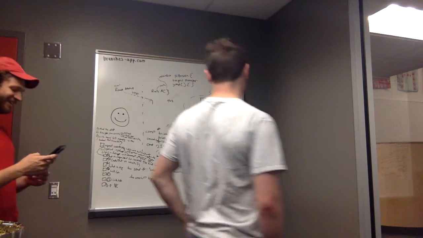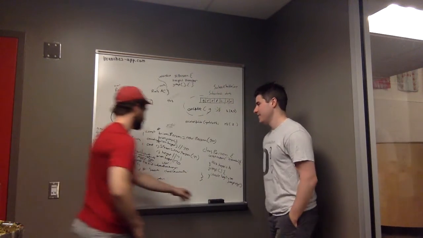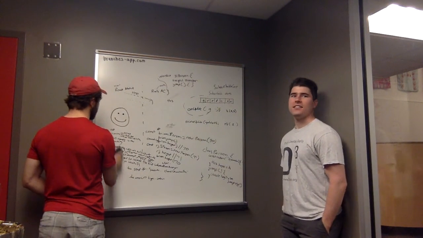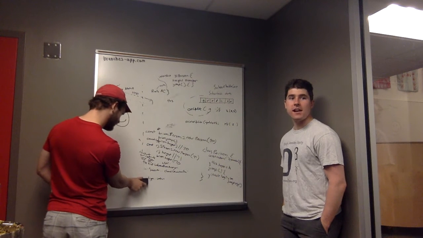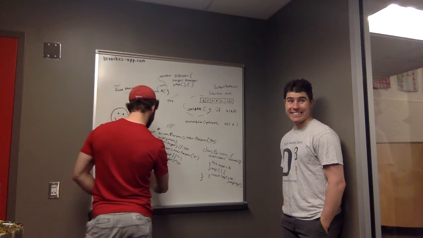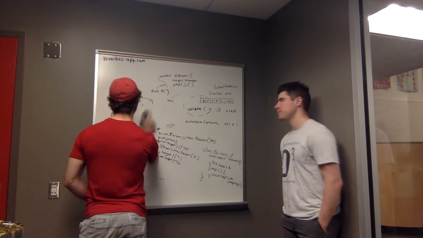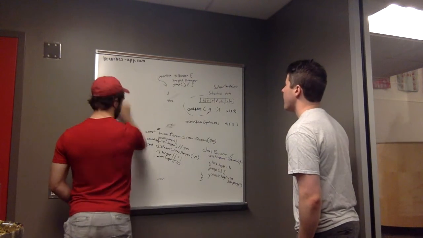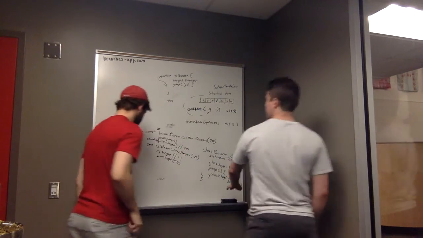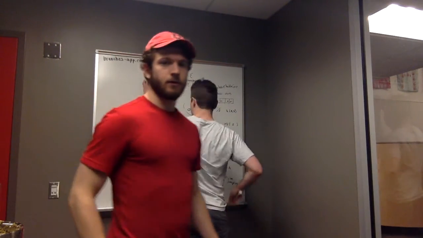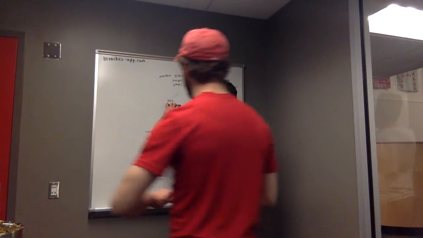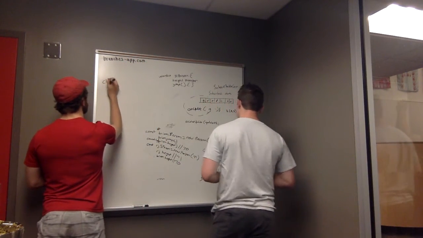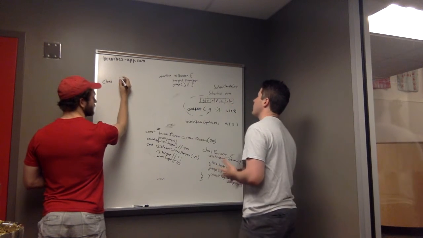Alright, so I'm going to erase this. And then hopefully what I'm going to draw next will show you the purpose of interfaces. I may be incorrect, but I'm just explaining how I think I understand it.